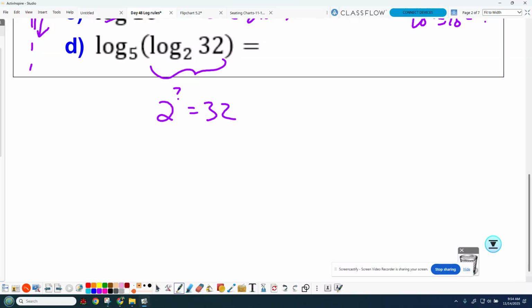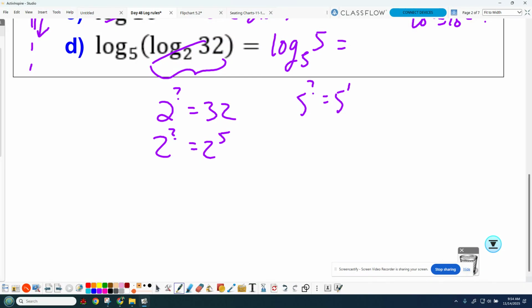So he did one thing at a time. He said, log base 2 of 32 is saying 2 to what power is 32? So that's 5. So he got rid of this whole thing and said log base 5 of 5. Well, that's 5 to what power is 5 to the first? So this is going to be 1.